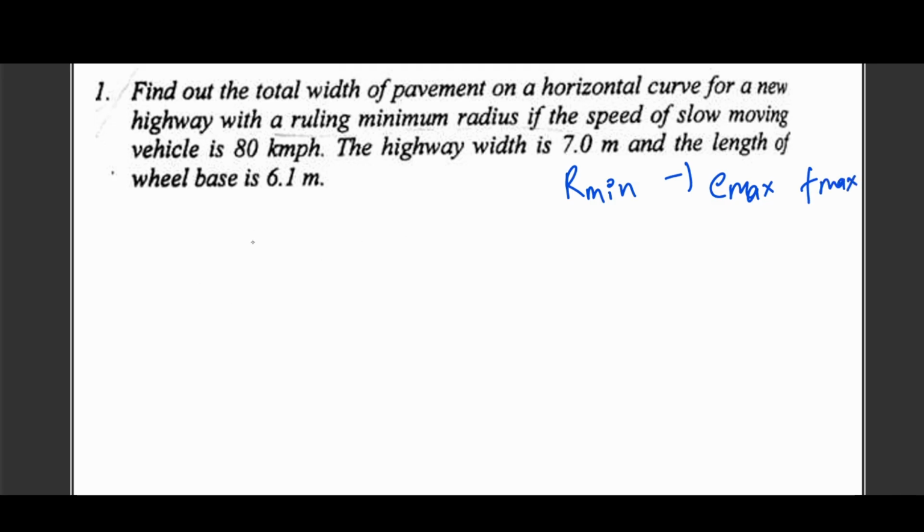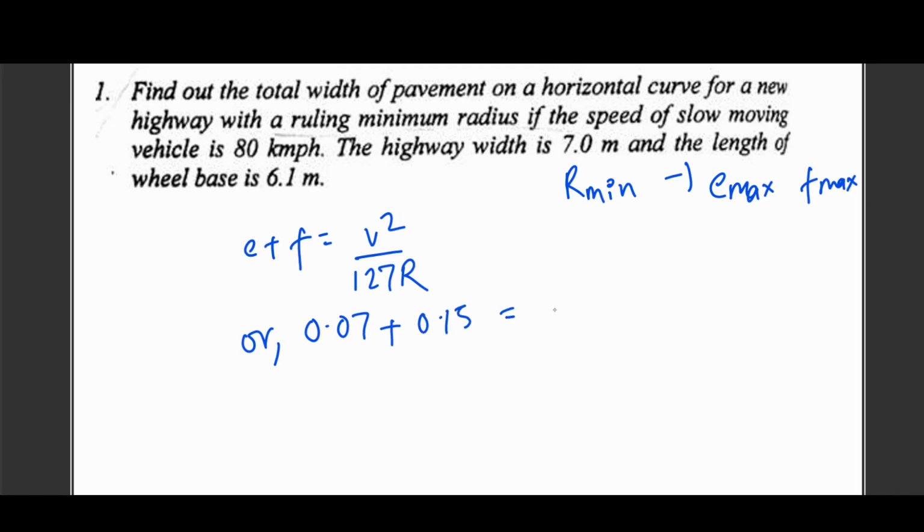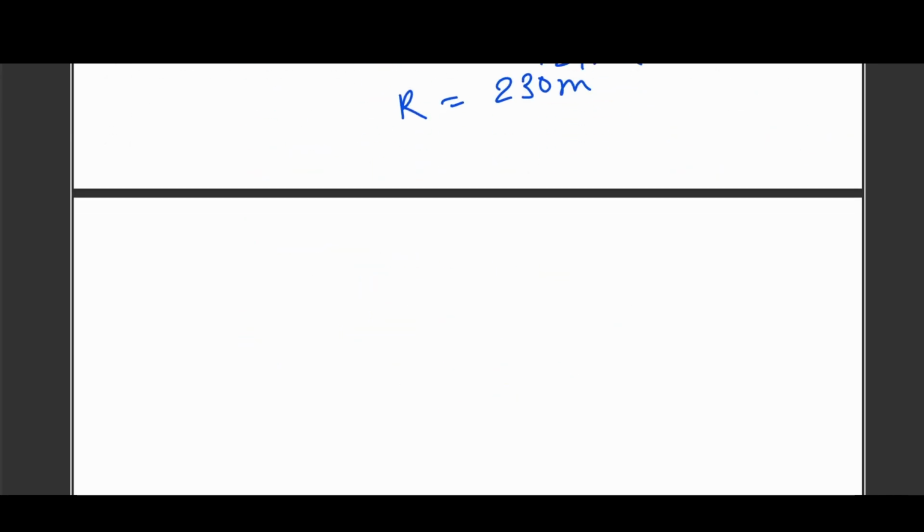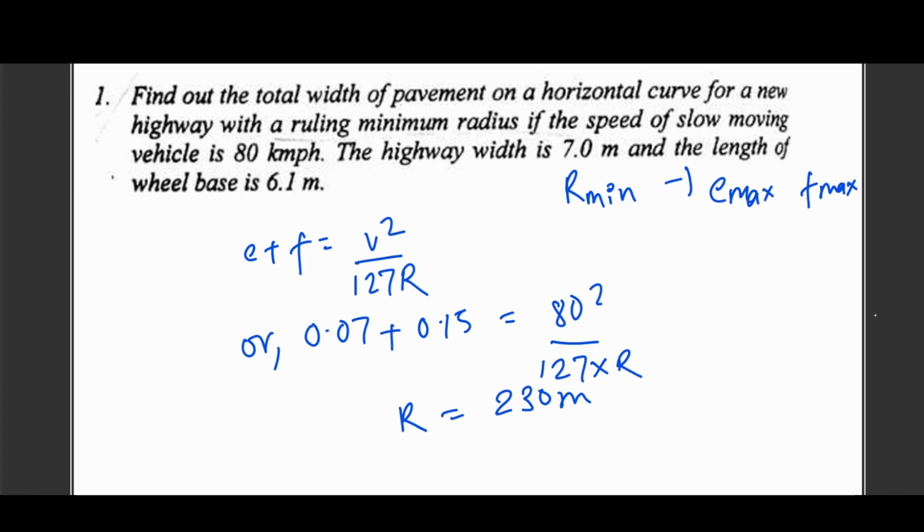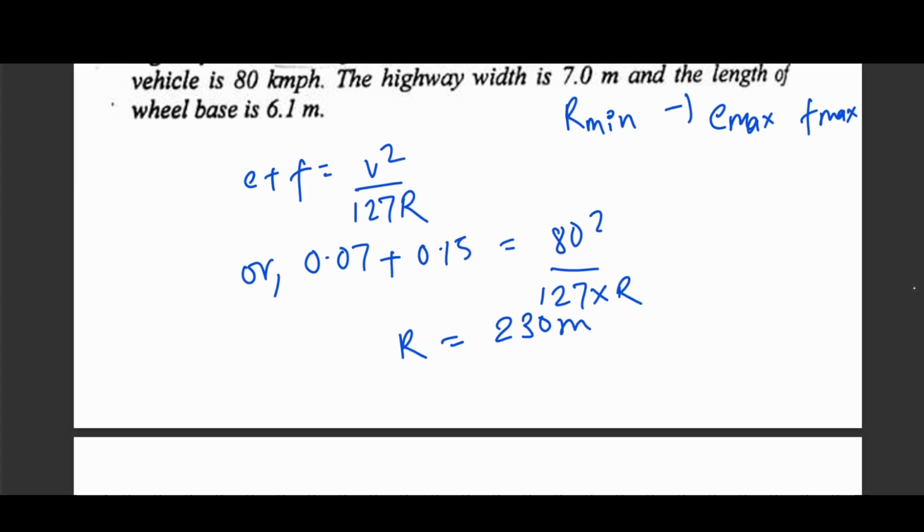So we know that e plus f equals v square by 127R. e is given as 0.07, f will be 0.15, and v is given as 80, so 80 square divided by 127 into R, and that R will be minimum. So what will be the value of R? It will be around 230 meter.